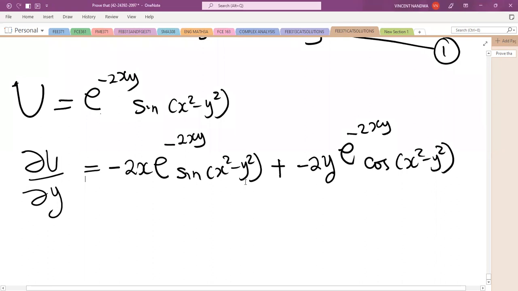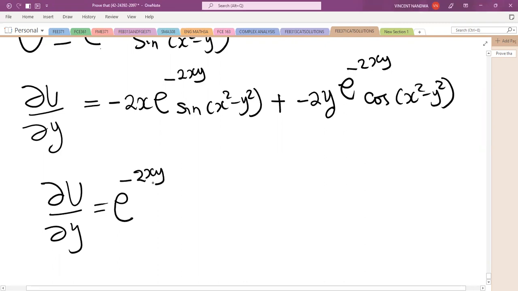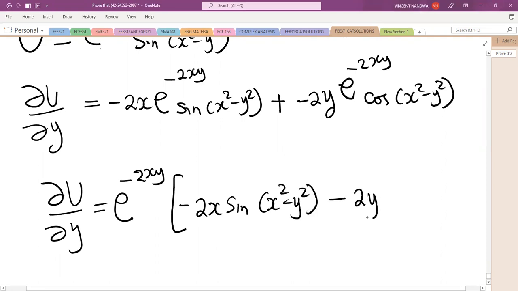So I can factor out e raised power minus 2xy. This will give me minus 2x sine of x squared minus y squared minus 2y cos of x squared minus y squared. Okay, so actually I can factor out that 2, because it happens to be on every term.